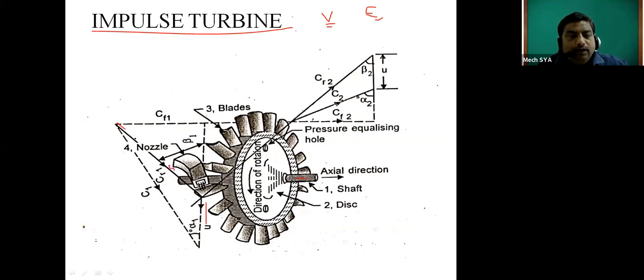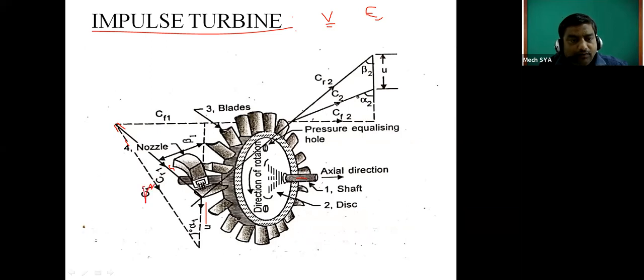The blade is moving, and the resultant velocity is coming from the nozzle. So this C1 and this U have a relative velocity difference. Vectorially, if we join them, this is C1, this is U, and this is CR1.